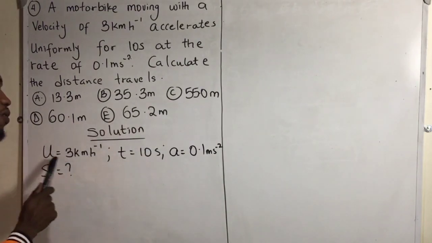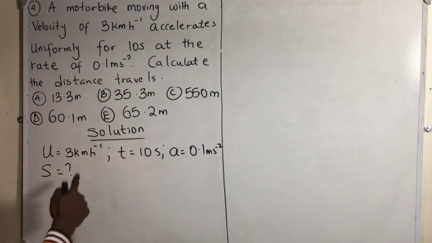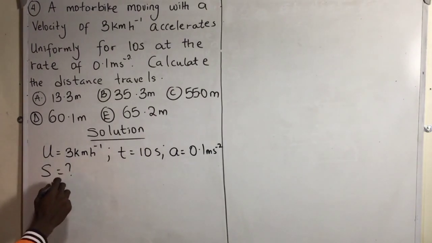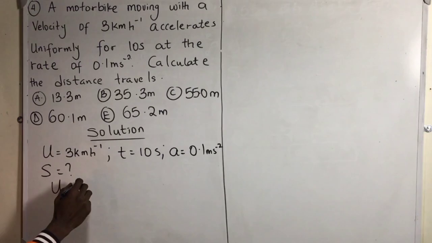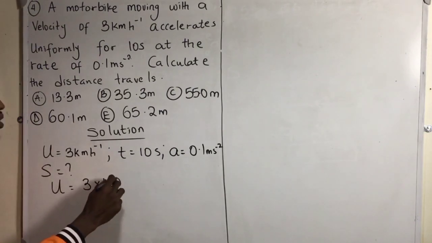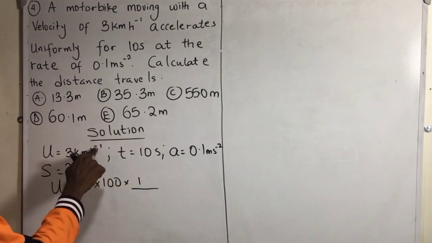That is, we are going to convert the initial velocity of that body to the standard unit, which is meter per second, not kilometer per hour. When we say 1 kilometer, it means 1000. Per hour means 1 over that time. So let's do the conversion. We have the initial velocity, which is 3 multiplied by 1 kilometer. 1 kilometer is 1000, so 3 multiplied by 1000, multiplied by 1 over 3,600, because this is inverse.